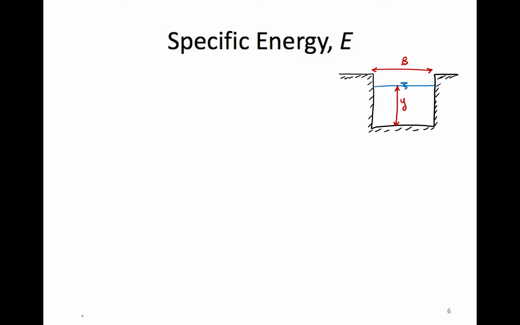So the specific energy equation was what? We just saw that. E equals only two terms, depth plus velocity head, V squared over 2g, right? So if we have a rectangular channel, I'm going to try to simplify or look at this from a different perspective.